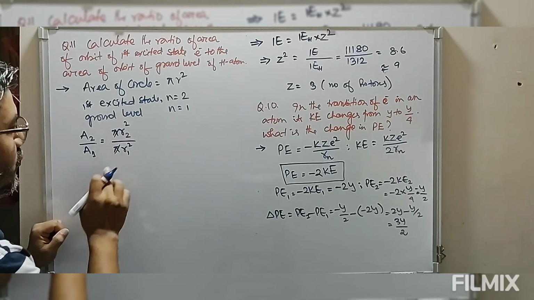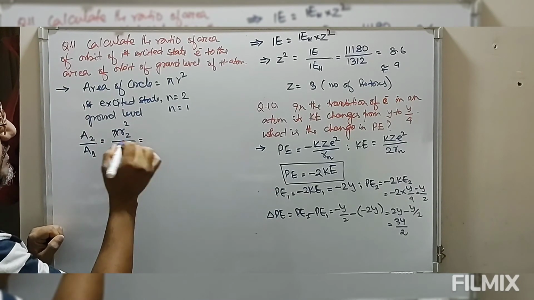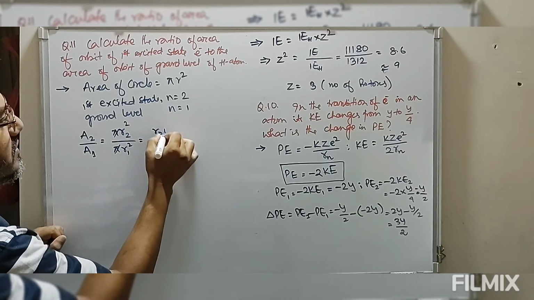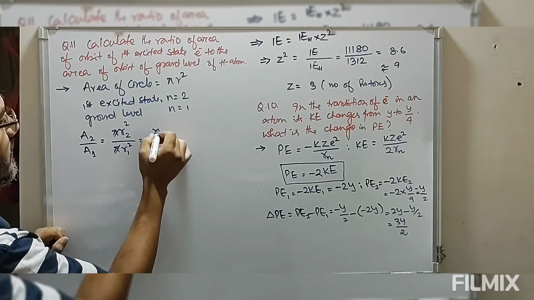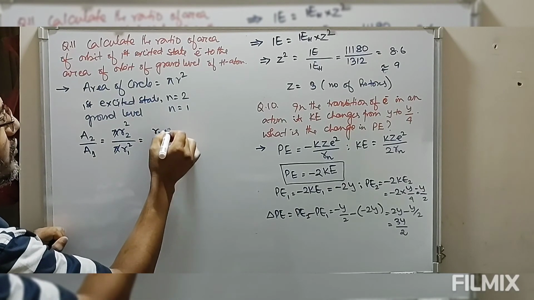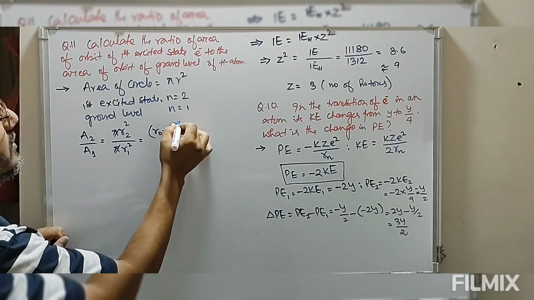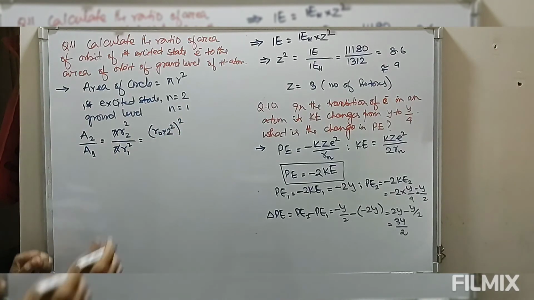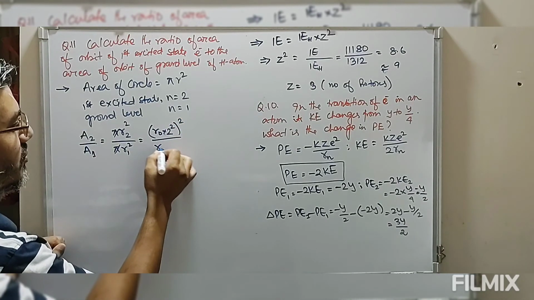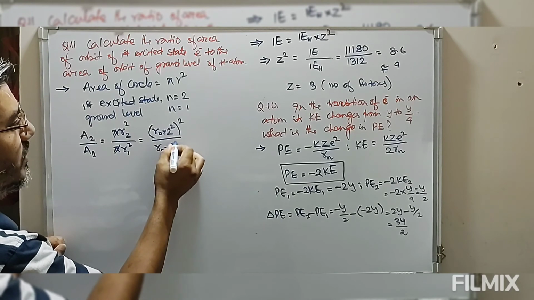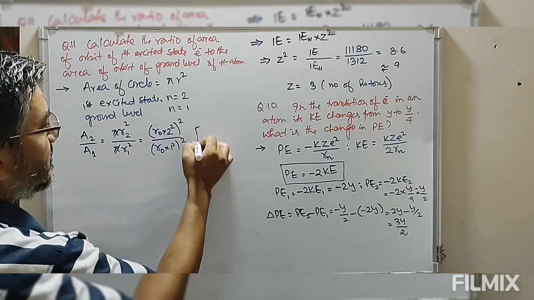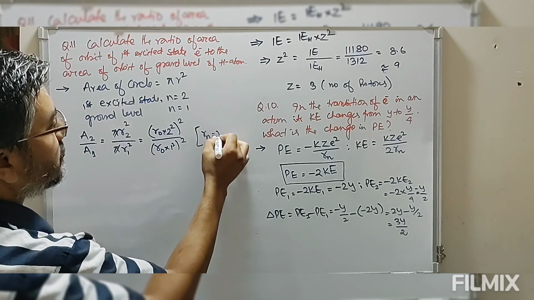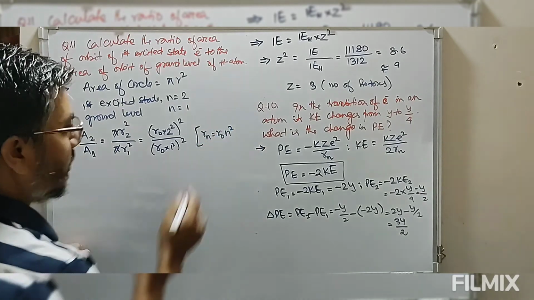So r2 by r1, with r0 as the first orbit radius, is r0 into 2 square, whole squared, divided by r0 into 1 square, whole squared, because we have the relationship Rn is equal to r0 n square.